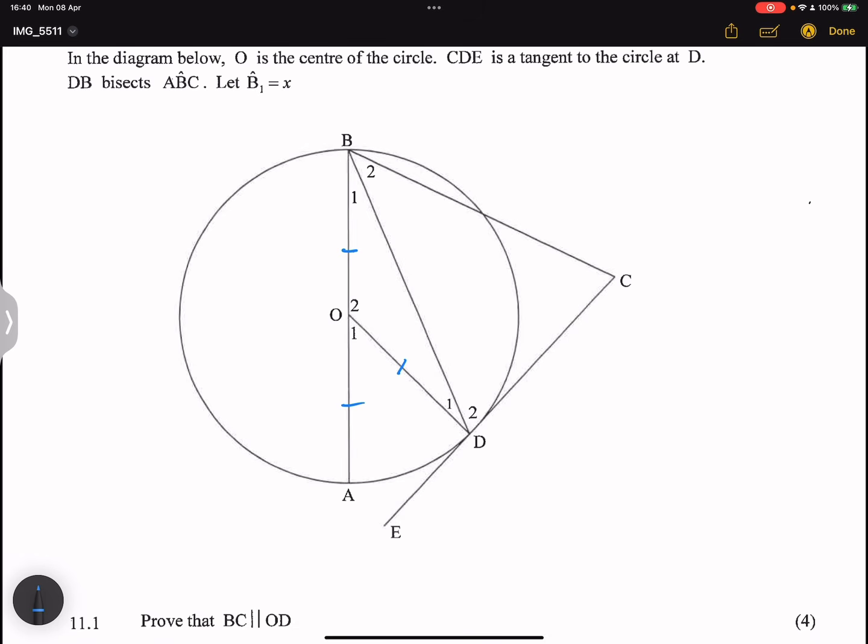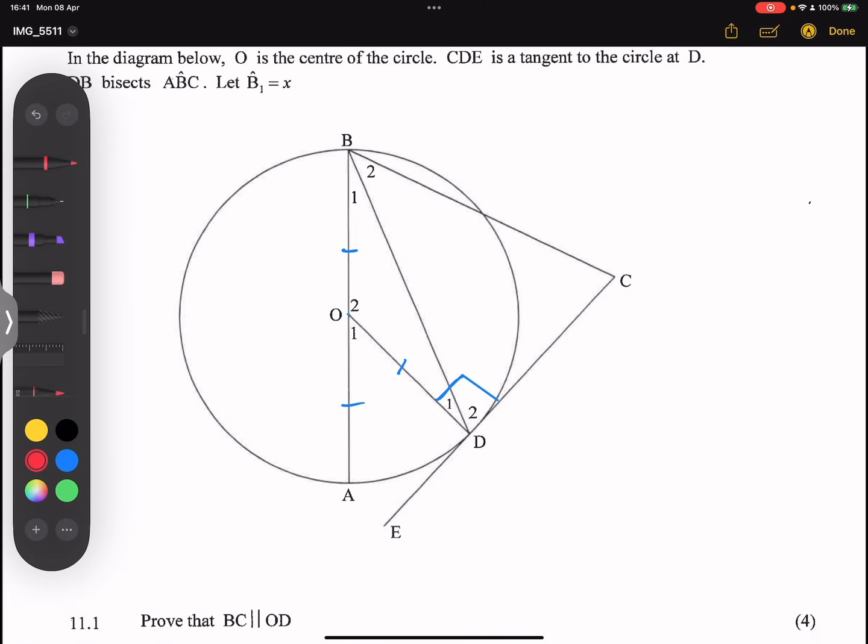So note, again, we've got a line from the center that meets the tangent at the point of tangency. So we know this has to be 90 degrees, isn't it? So that has to be perpendicular. That's our radius. In this case, they say that DB bisects ABC. So there is angle ABC, that entire angle there.